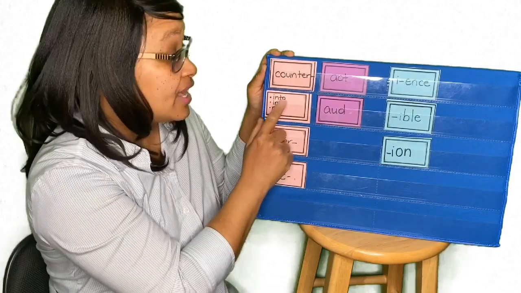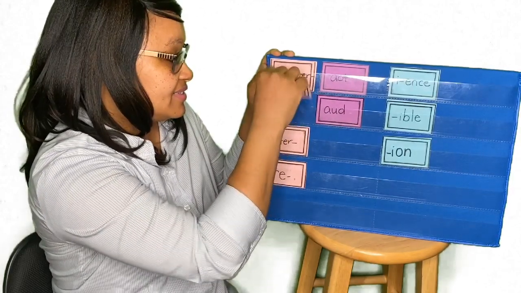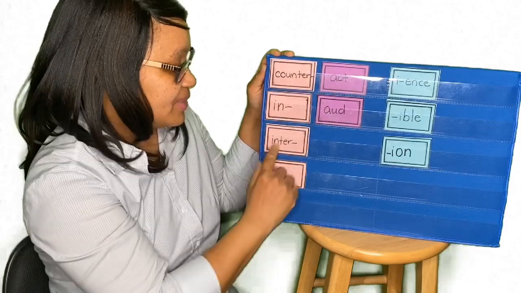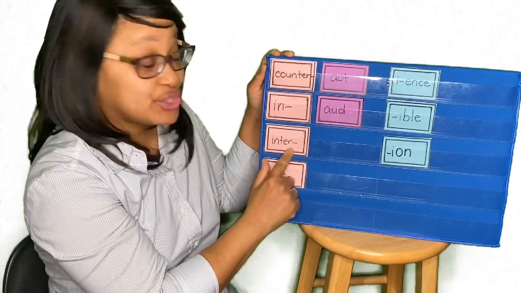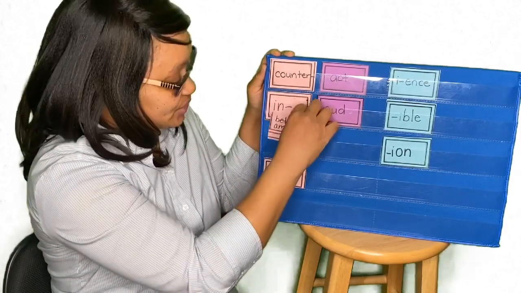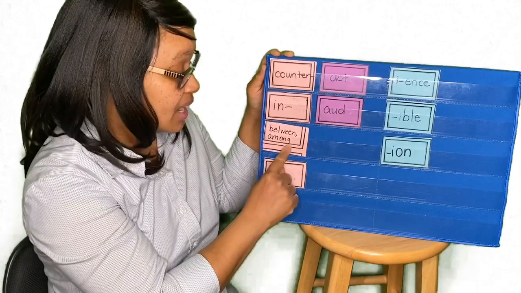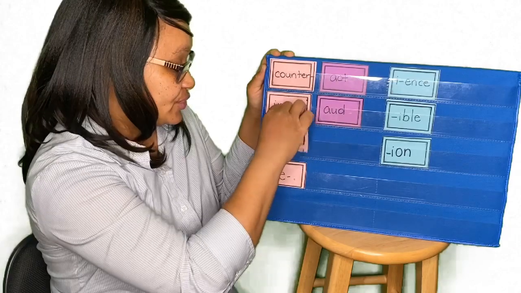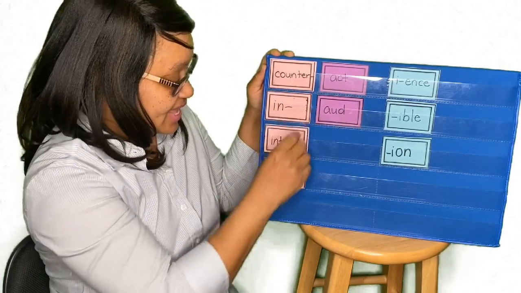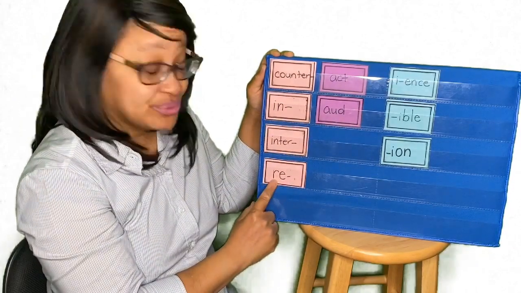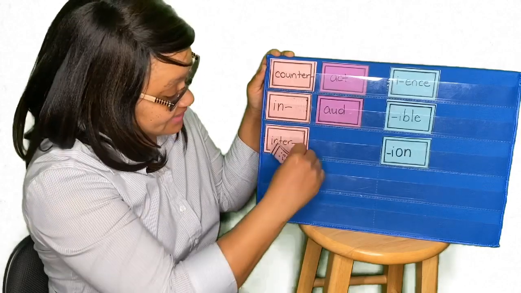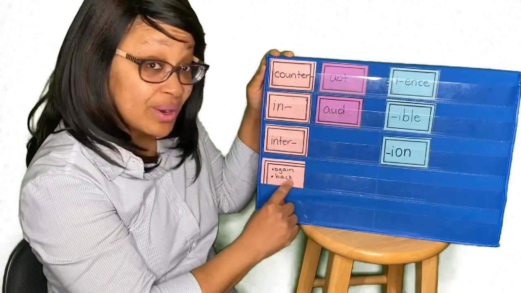So it is a multi-prefix. Then we have the prefix enter. Enter, which means between or among. And finally, the prefix re, which means again or back.